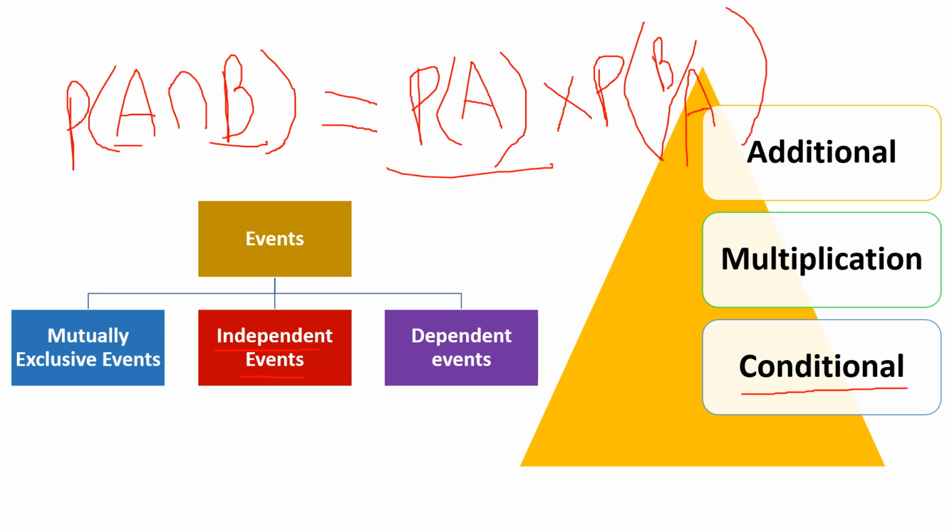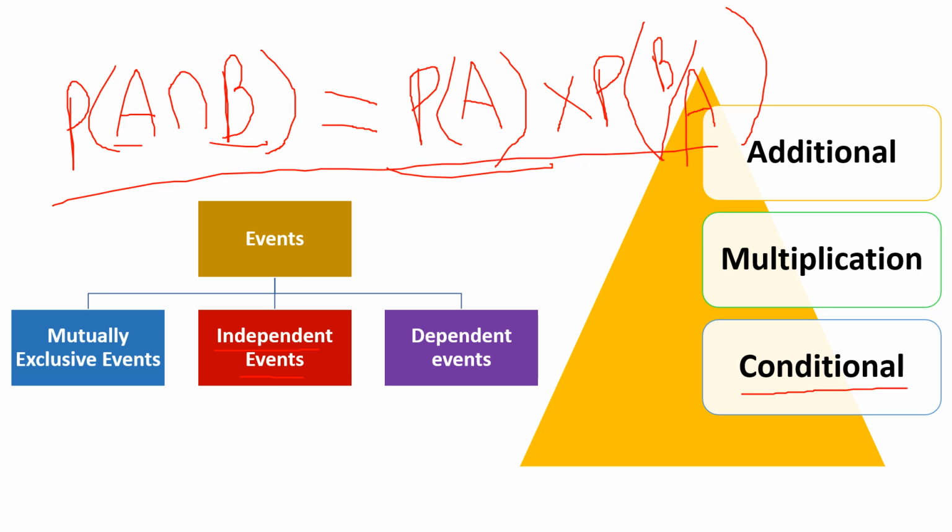Probability of B అనేది ఎప్పుడు జరుగుతుంది? A జరిగిన తర్వాత జరుగుతుంది కాబట్టి, we can say it as probability of B given A. This is the formula for conditional probability.